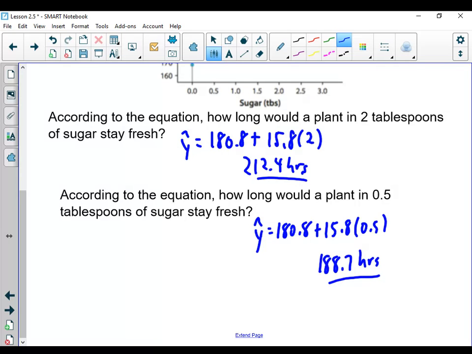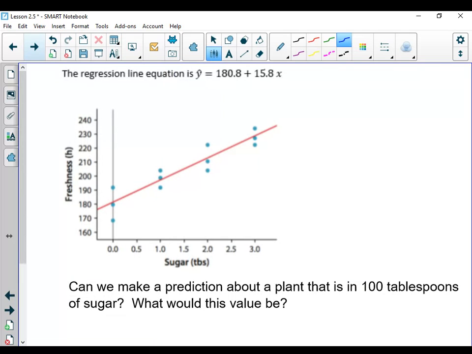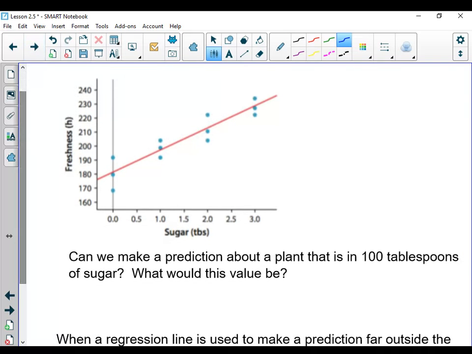What if I took this same situation using the same regression line and I asked this question? I said, all right, well, I'm trying to make these predictions. Could I make a prediction about putting in 100 tablespoons of sugar? Well, I know that's still my x value, so let's see what would happen if I just plugged that in.